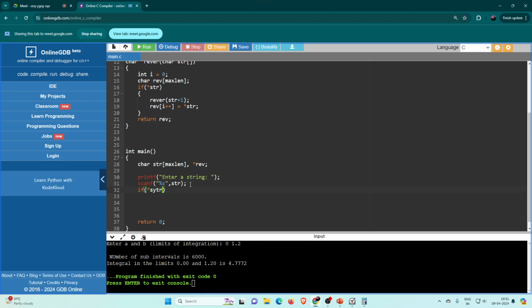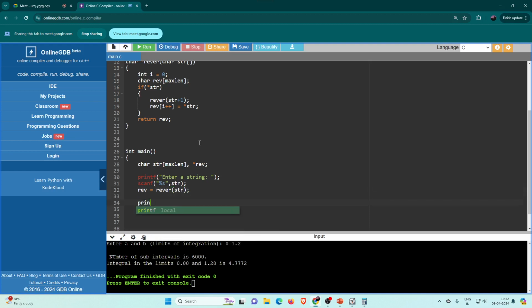So sorry, I have taken the input here, and I am giving star rev here because I want rev to point at the memory given here. This I have written.